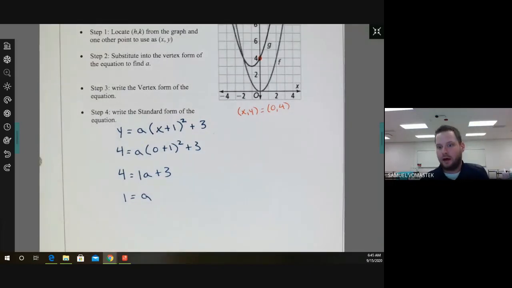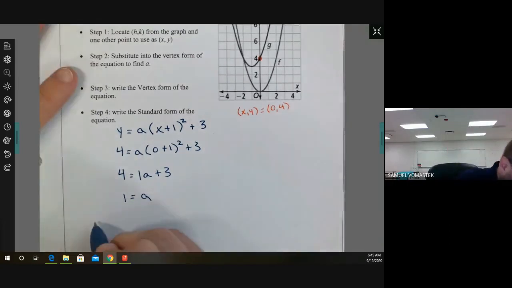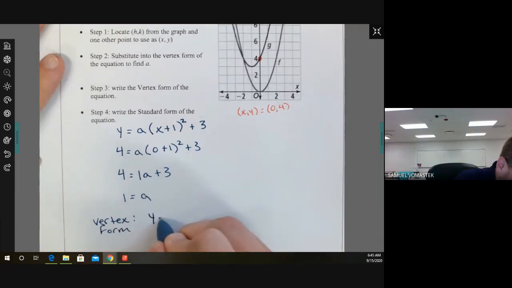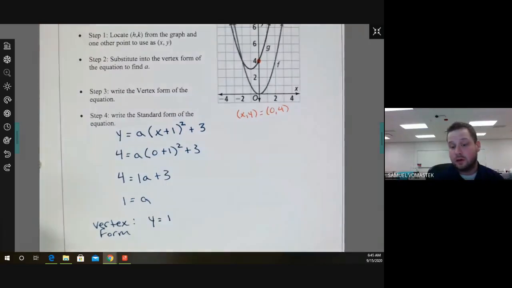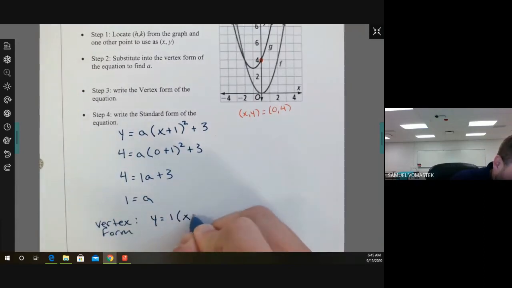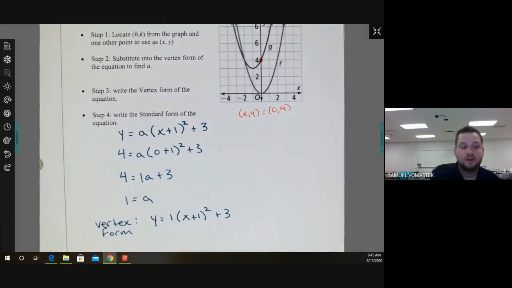Now that I have a, we can do our vertex form. Our vertex form is going to be y equals 1, which honestly you don't need. If you just have a 1, you can leave it blank. But 1, parenthesis, x plus 1 squared plus 3. That's my vertex form right there.